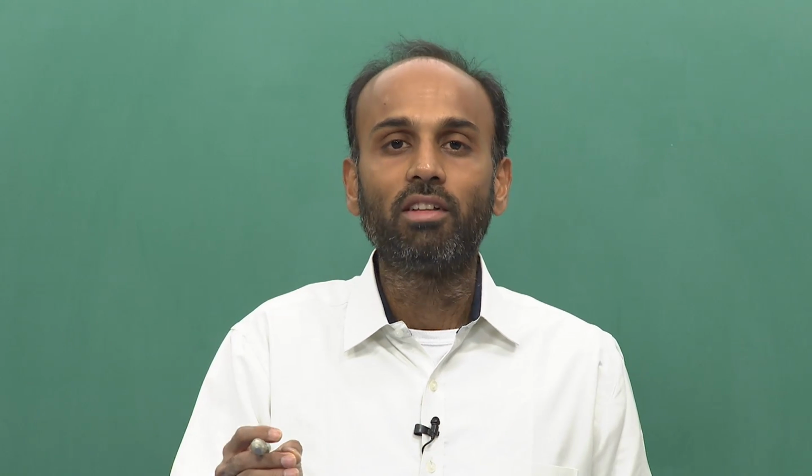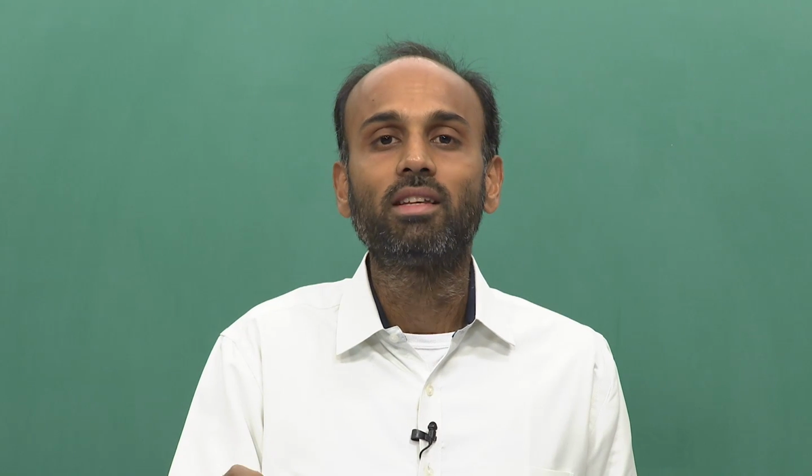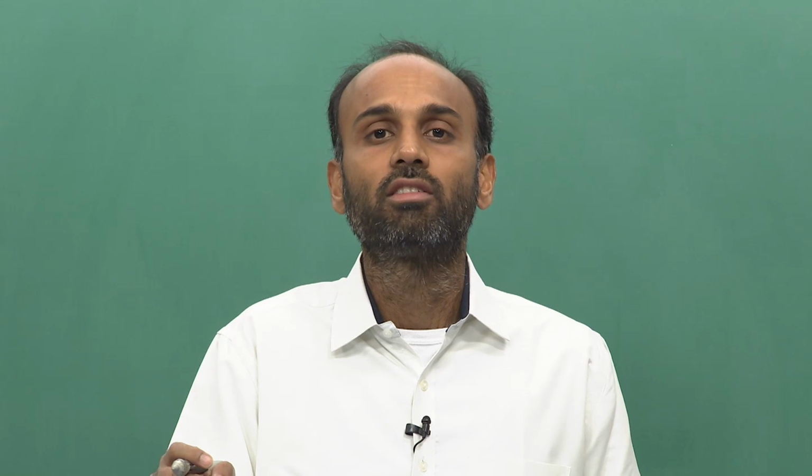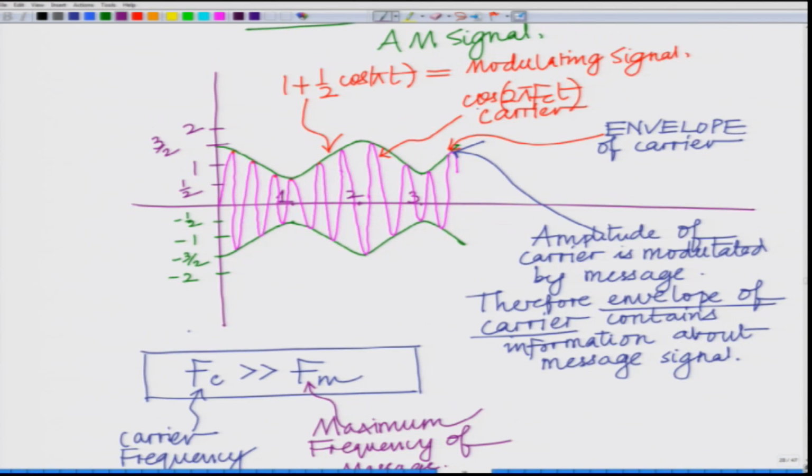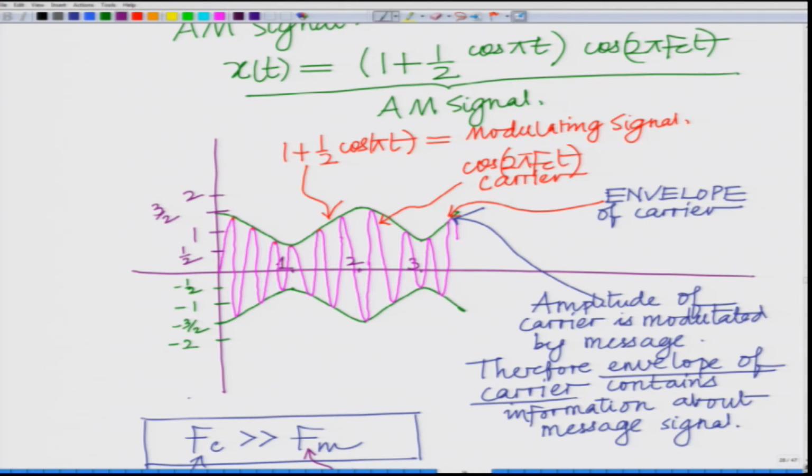Therefore, the maximum frequency component of this message signal has to be much smaller than the carrier frequency. The carrier frequency usually chosen is much larger than the maximum frequency component of the message.